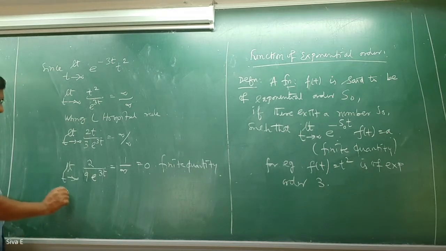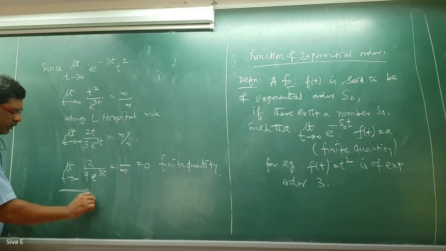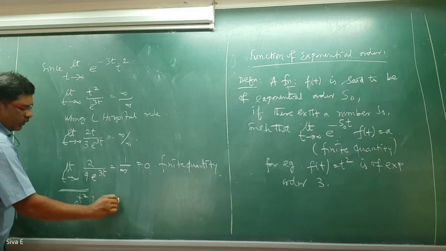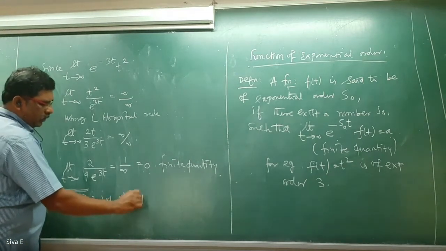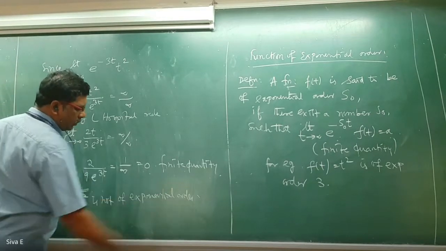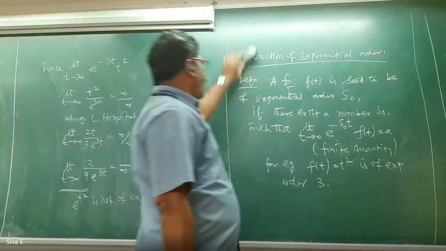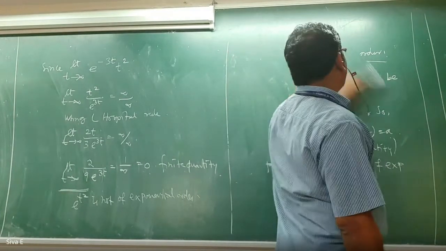So it is of exponential order. F of t equal to t square is of exponential order 3. One more example: e power t square is not of exponential order. How can you say that e power t square is not of exponential order for any value of s naught?